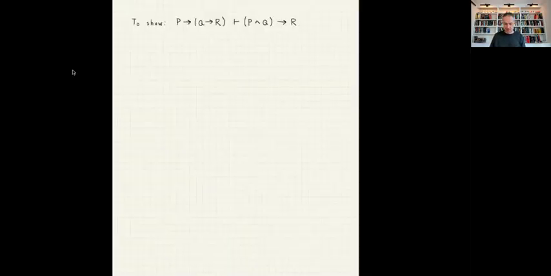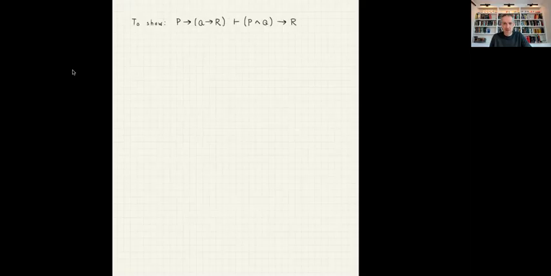Okay. So next example actually is what you'd call the converse of what we just proved. It turns out that these two sentences are logically equivalent.